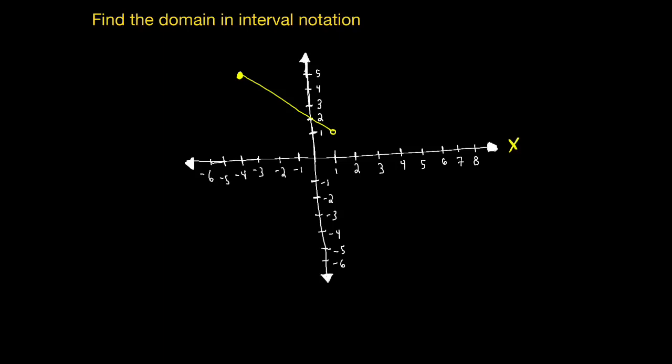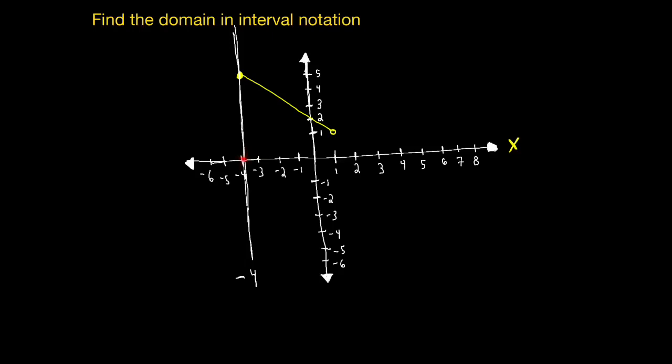I start left, move to the right, and encounter my lower bound. You see that I encounter my lower bound starting here at -4. Since we have a closed circle, I'm going to create a solid line here. Okay, so that's my lower bound at -4.